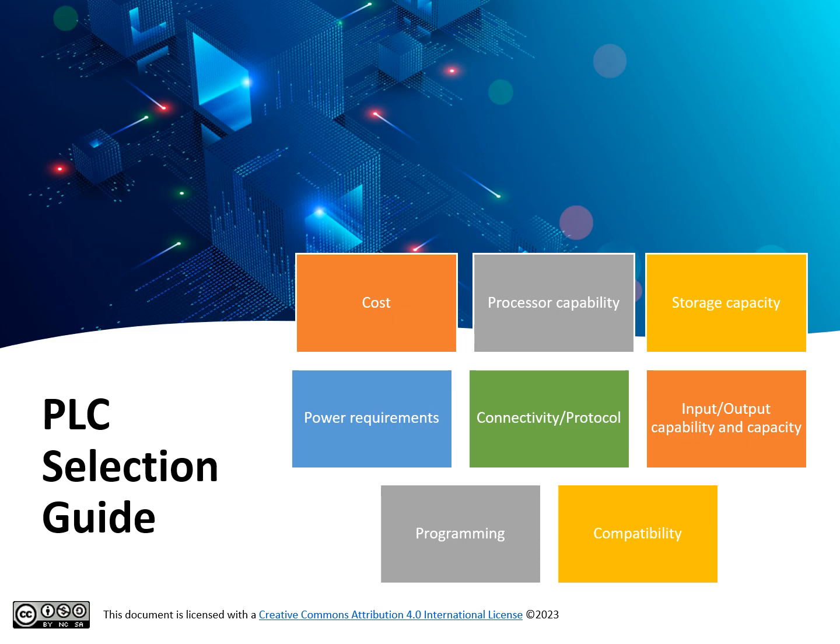Number 3, storage capacity. The PLC must have adequate storage both in volatile as well as static memory. Number 4, power requirements. Power can be either DC or AC with different wattage.